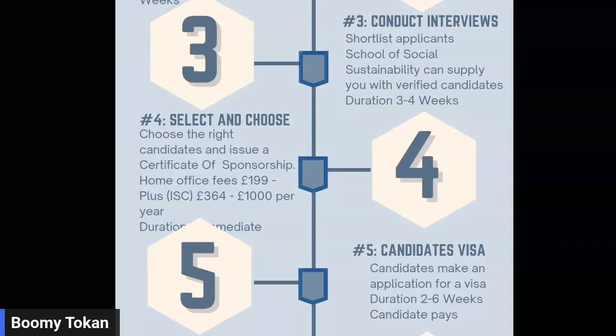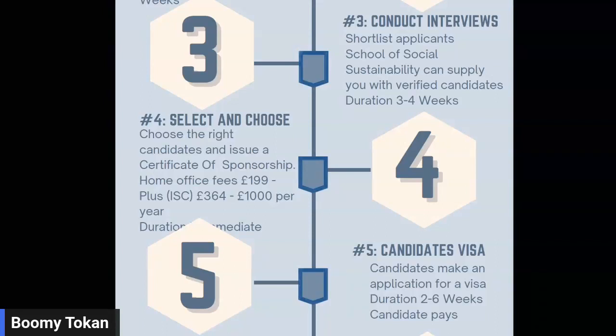All right. So going forward, once you have the license, you've requested the allocations, you've done the interviews, you're now going to be selecting those that you want to employ. If they are abroad, or even if they're in the UK, as long as they do not have a work permit and they require sponsorship, you need to issue them with a certificate of sponsorship.